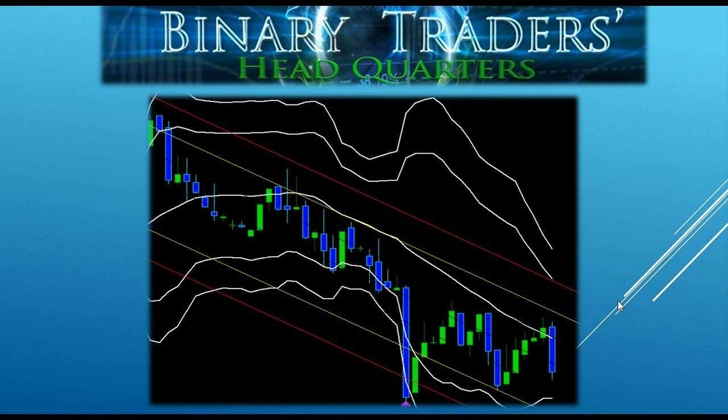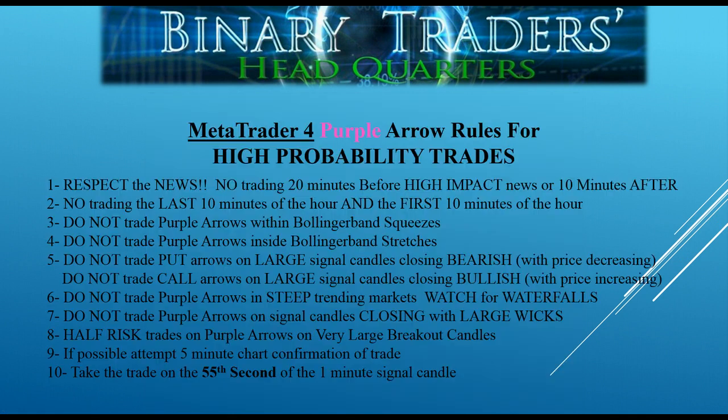I think at the most, Boss offers 15 or 17 currency pairs that you can trade 5-minute binary options positions on. So you're going to have a very large amount of trading opportunities. So it shouldn't be too hard of a decision to pass up on arrows that are not firing off in our best setups.